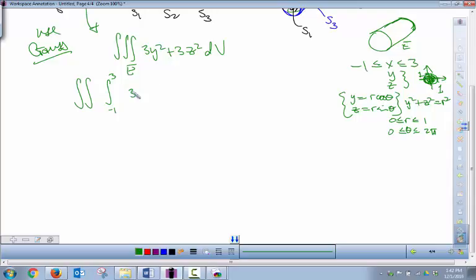And then let's make the conversion into polar coordinates. So we have our dx from -1 to 3. We have our integrand as 3r squared. And then when we change into polar coordinates, we come up with an extra r, and then a dr and d theta.